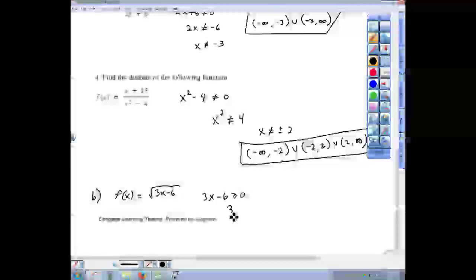Add the 6 to the other side. Divide by 3. So any value of x has to be greater than or equal to 2 in order for this function to be defined. So as an interval, since it includes 2, I'm going to use a bracket, and any number larger than 2 would be from 2 to infinity.